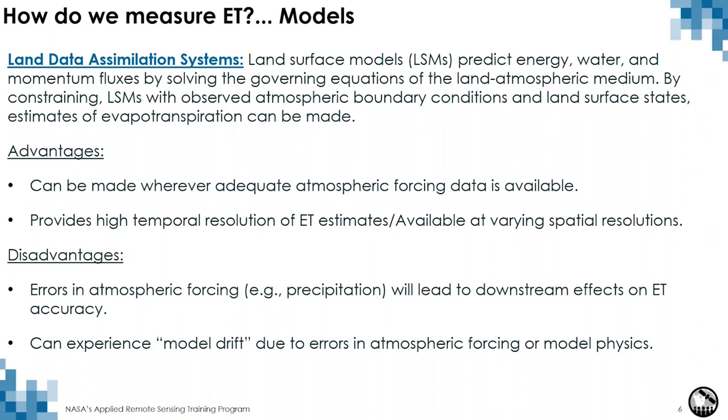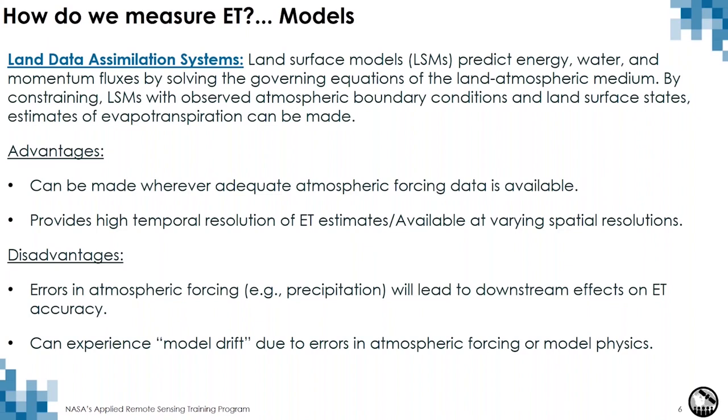So everything that we understand about the system, we put into these models. Unfortunately, we don't always have the most accurate observations to force these models, and a lot of the physics are very complicated. And so we have to parameterize, which is a way of making some broader assumptions about how some of these physics work when we don't have the observations to truly model them in the most accurate sense.